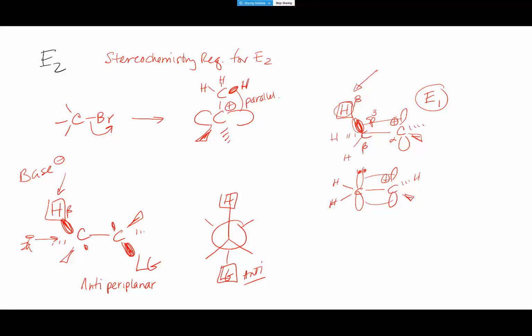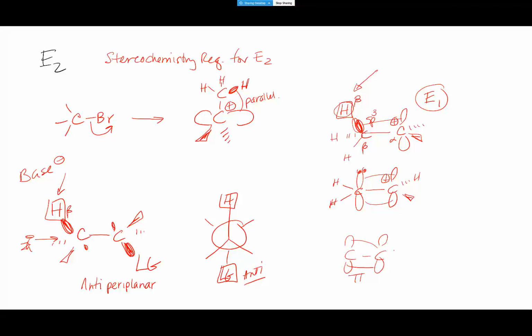As it's moving, this one's becoming smaller and the tiny lobe's becoming bigger. So when they get to the transition state, it's two p orbitals, so that when the H plus leaves and the leaving group leaves, those two can now overlap to form the final pi bond.